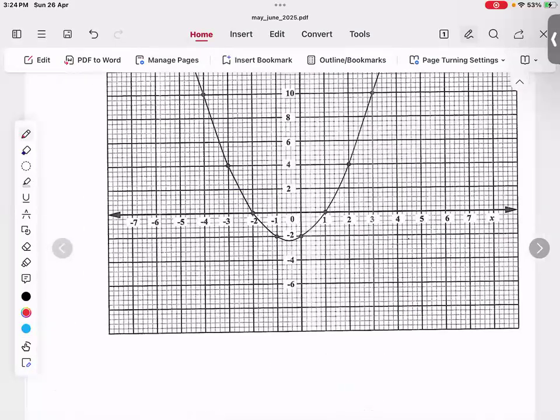The x1 and x2 intercepts, yeah. Look at the graph and tell me which two numbers that curve passes through on the x-axis. -2 and 1? Yes.